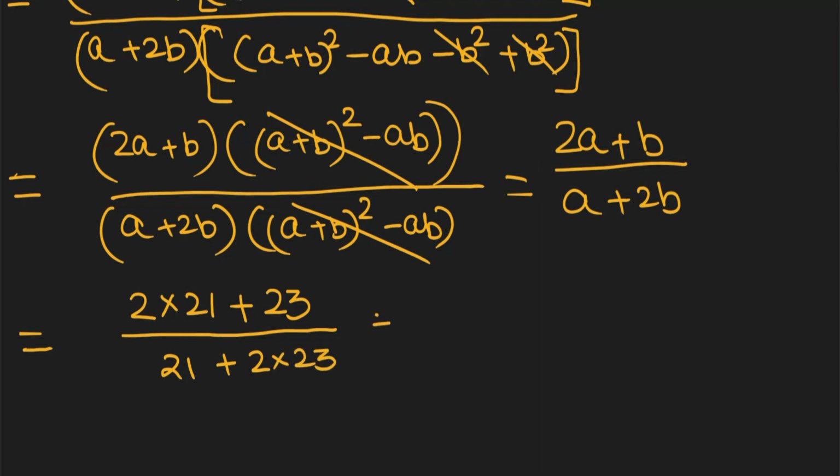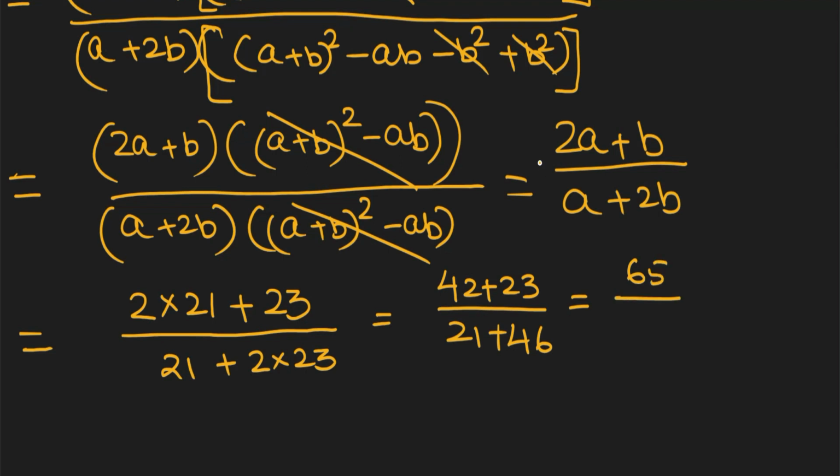Now we can write 2 into 21 is 42 plus 23, divided by 21 plus 46, is equal to 65 divided by 67. Hence, this is the answer.